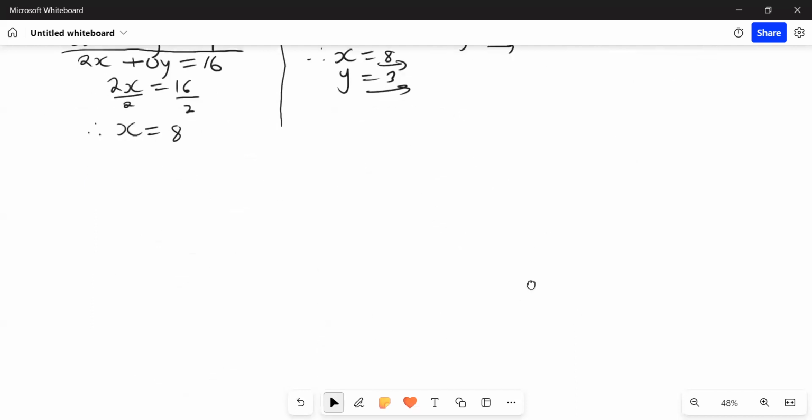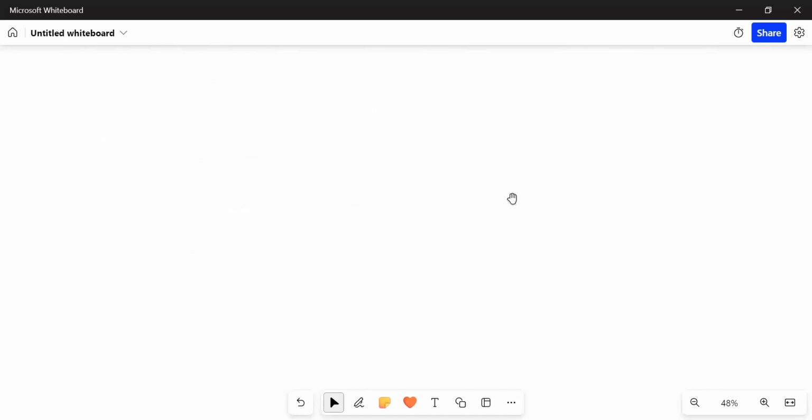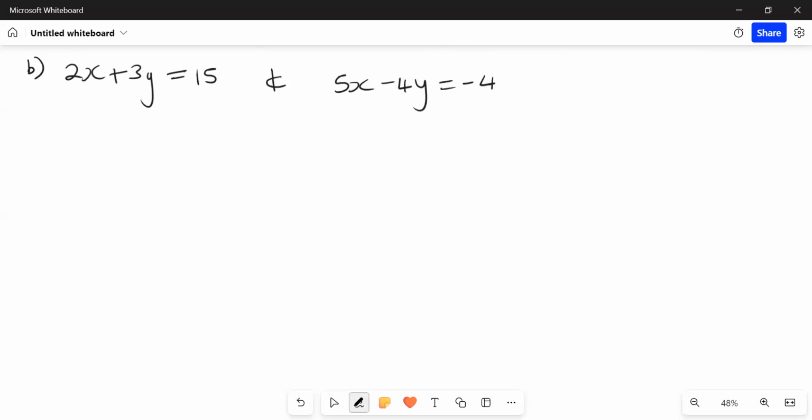Now let's go to the second question. Let's say for B, we're still solving for x and y. Good people, let's say now they give you 2x plus 3y equals to 15, and they decide to give you 5x minus 4y equals to negative 43, right?